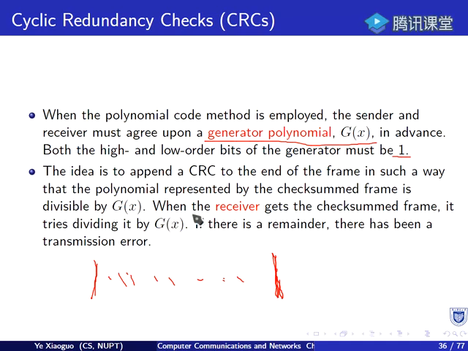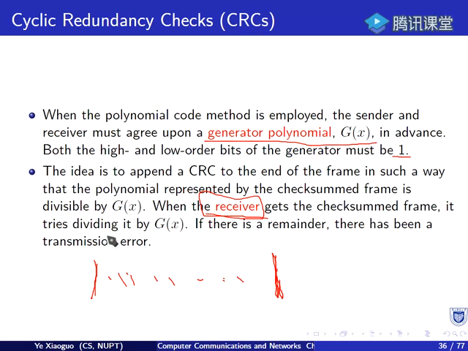When the receiver gets the checksummed frame, it tries dividing it by G(x). The bit stream arrives at the receiver, then the receiver gets the checksummed frame, right?